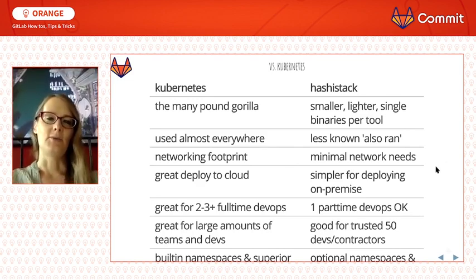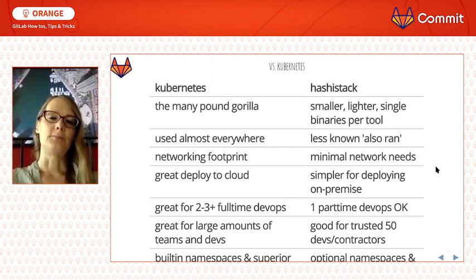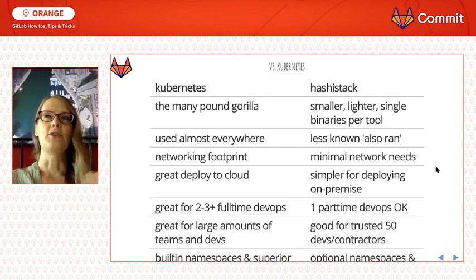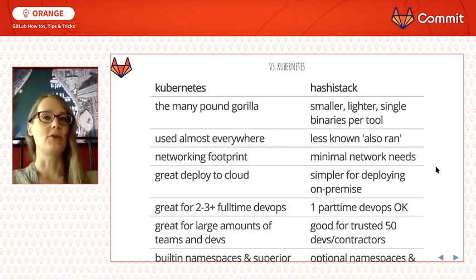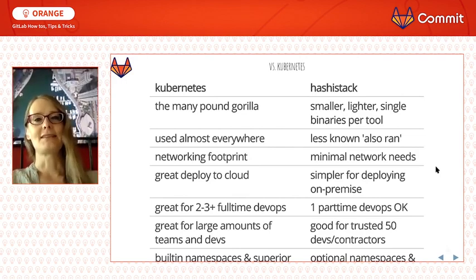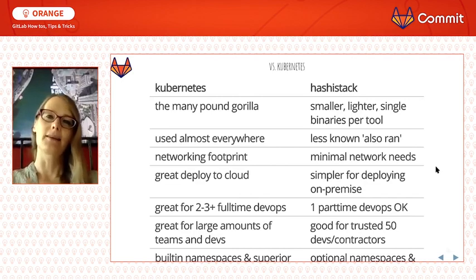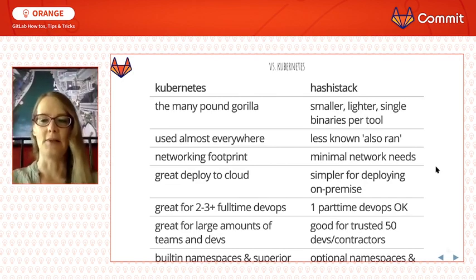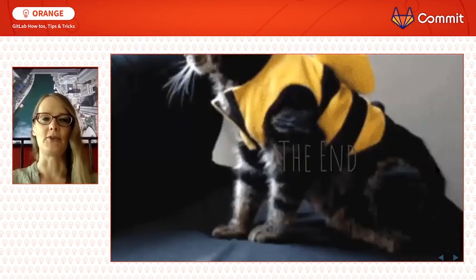And if you want to use Kubernetes, it's got the role-based access control, which is superior to the access control list of Hashi Stack, but you may not need all that. So it's kind of up to you, and they've got namespaces abilities, or you can turn those optional.